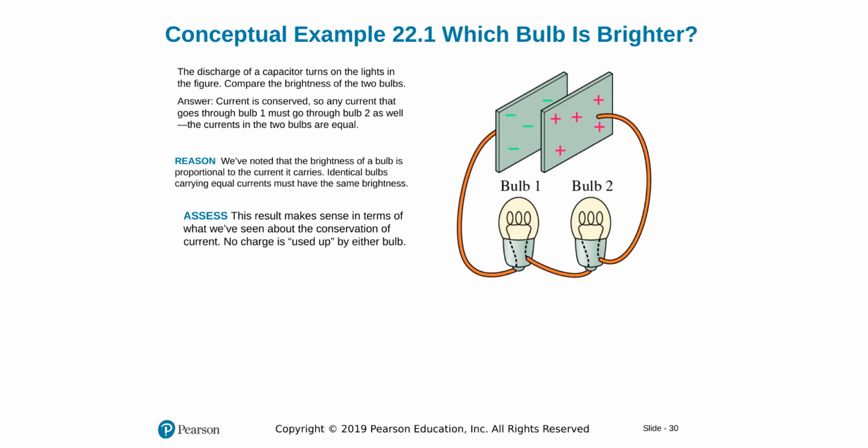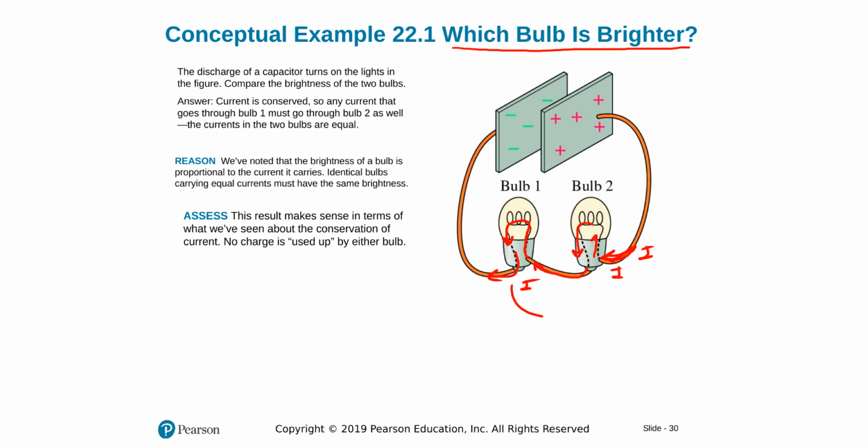This example is asking us which bulb is the brightest. Brightness depends on how much current is passing through something, a light bulb or any other object in a system. So we have current passing here, coming to the second light bulb, keep going. So whatever current comes in here goes into the other one.